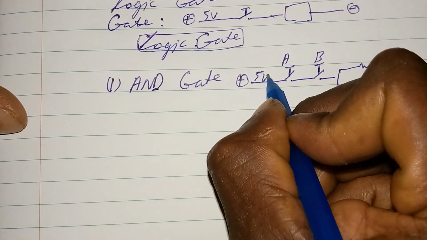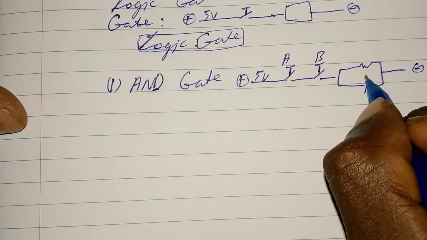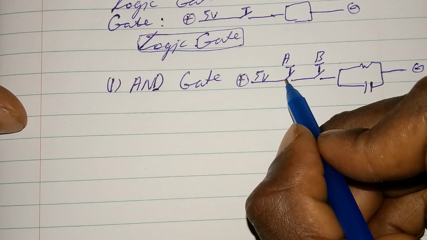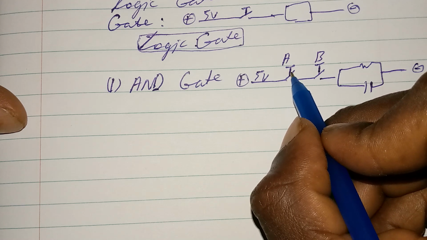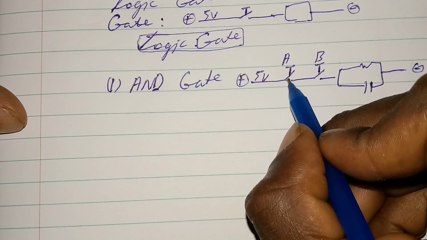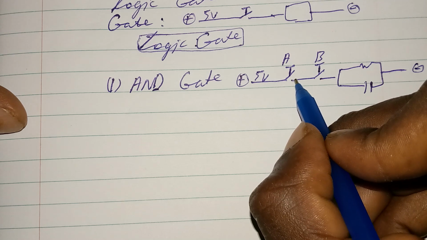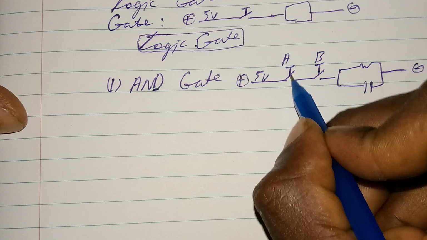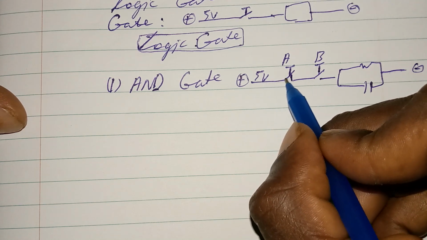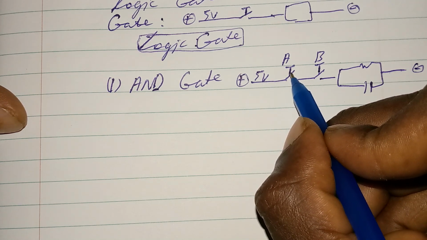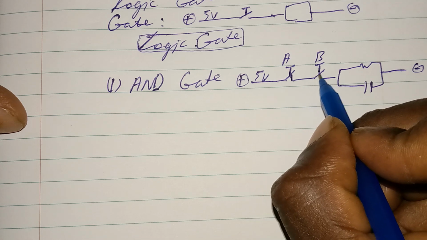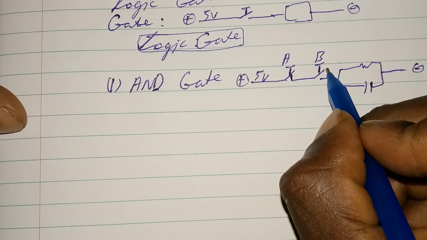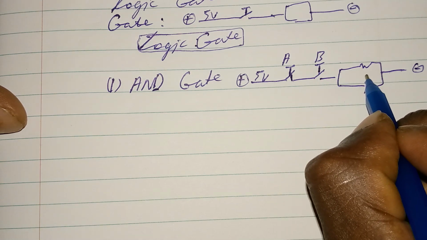Now if you apply 5 volts here, you want to power this circuit here. The voltage will move through this point, but it will stop in the A switch because the A switch is open. But if you close this switch A, the voltage will now flow from this point through into the switch A, and here it will stop in the switch B because the switch B here is open. So this circuit cannot be energized.